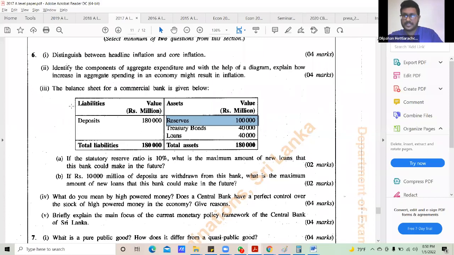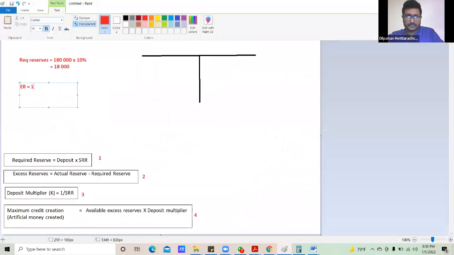Here in the balance sheet, you can see that. Right. Excess reserves equals actual reserve, how much? 100,000. Minus required reserves. We calculated the required reserves already. How much? 18,000.